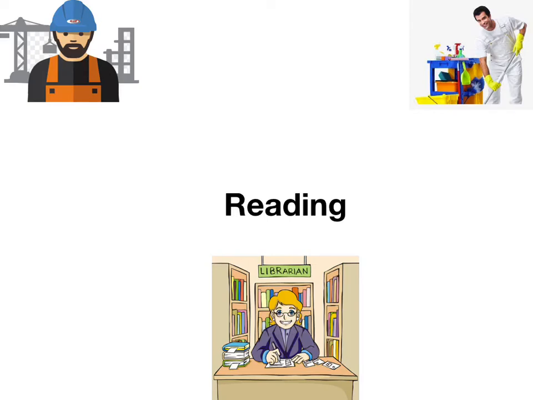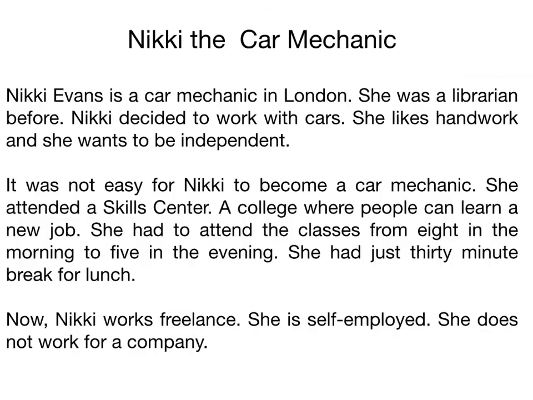Understand the meaning of the text and answer the questions about the text. I read this text for you once, then you read it again. Find the meaning of the new words in the dictionary and try to understand the text. Try to read it several times and then answer the questions about the text.